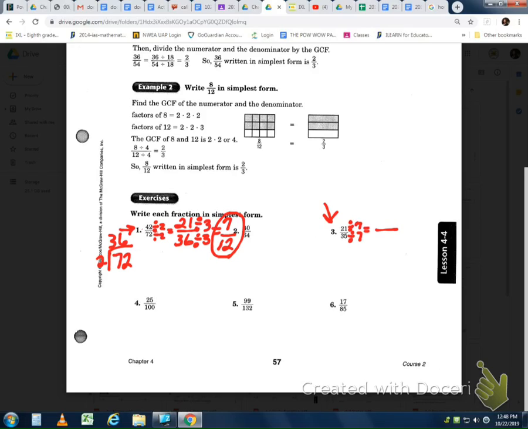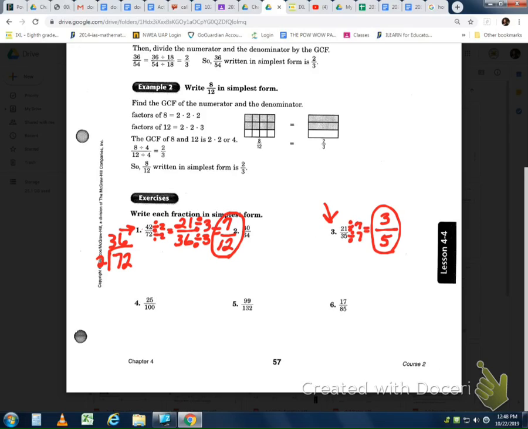What is 21 divided by 7? 3. What's 35 divided by 7? 5. Tell me about 3 and 5. Can't divide them. They're both prime. It's simplest form. 21 over 35 is an equivalent fraction with 3/5.